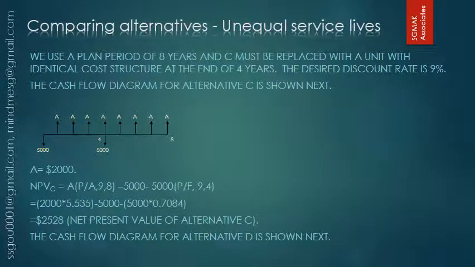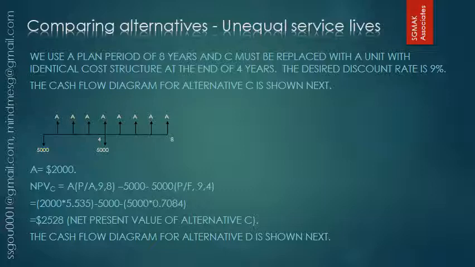In this case, we use a plan period of 8 years and we replace C, which has a service life of 4 years, at the end of 4 years. The desired discount rate is 9%.